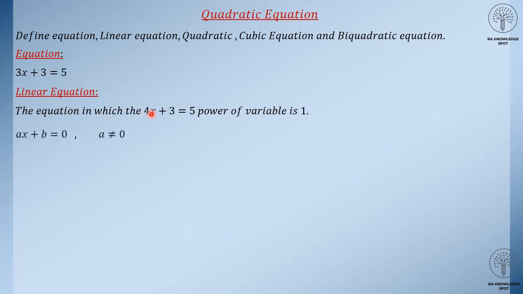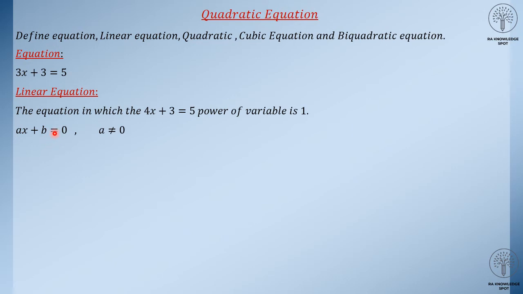Now, this is called the standard or the general form. You can say the standard form of a linear equation. In your exam, maybe you can be asked what is a linear equation and what is the standard form of the linear equation. It is ax plus b is equal to 0, where a cannot be 0, because if a is 0, it means when you multiply this x with 0, you will get 0 and the left number will be b.